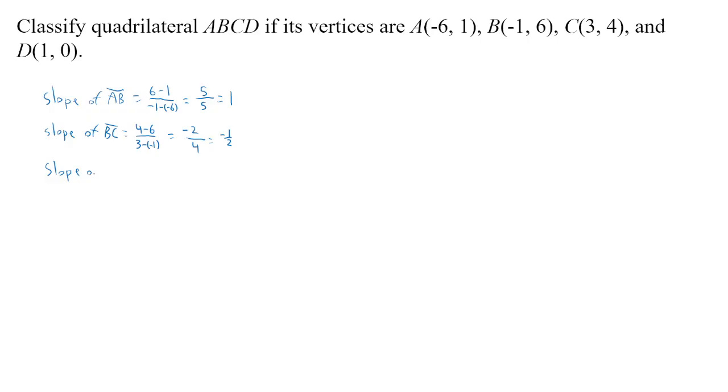Next, we have the slope of segment CD. So this is 0 minus 4 over 1 minus 3. 0 minus 4 is -4. 1 minus 3 is -2. And that gives you +2.